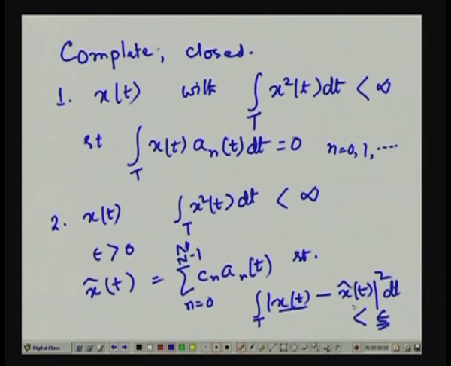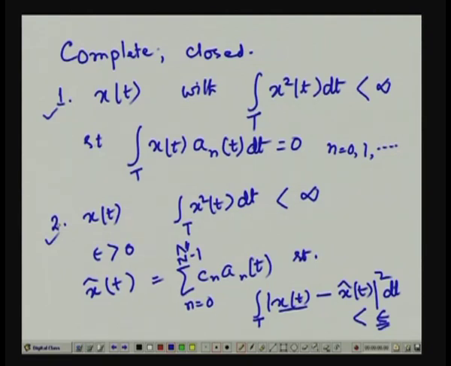So, we say that the set of orthogonal basis functions a_n(t) is complete or closed if at least one of these conditions holds, that is the first condition or the second condition.